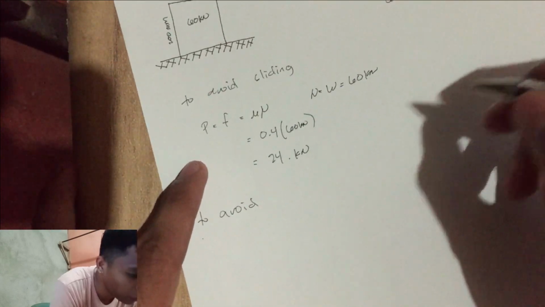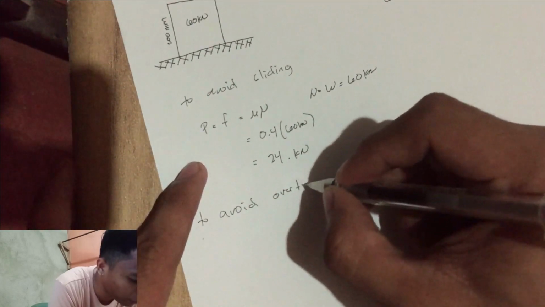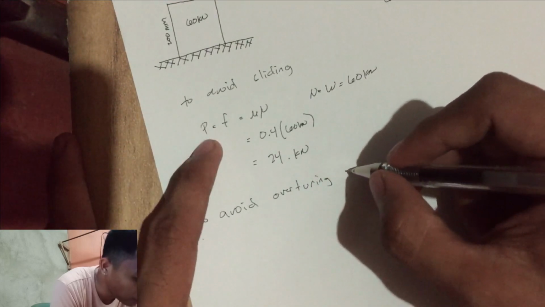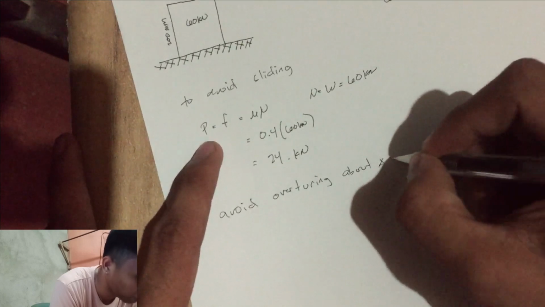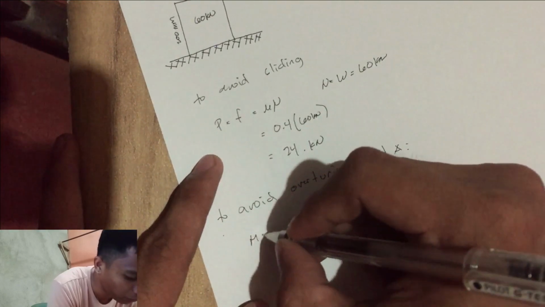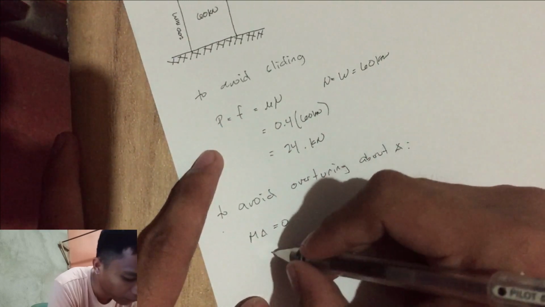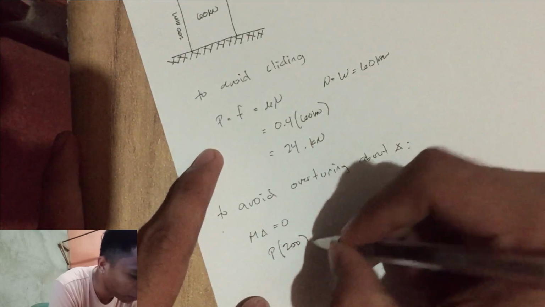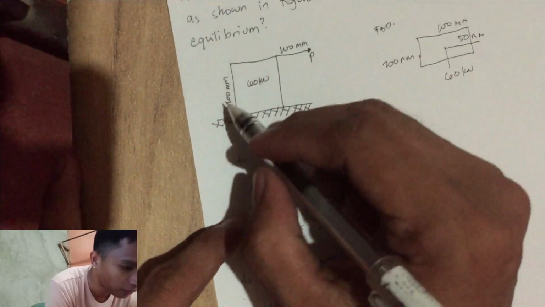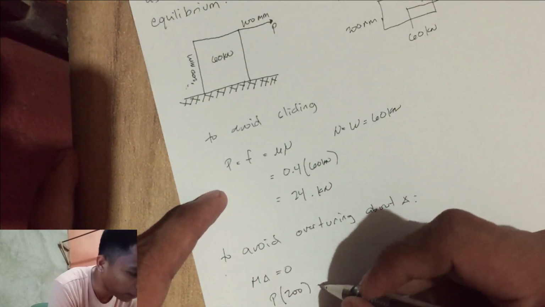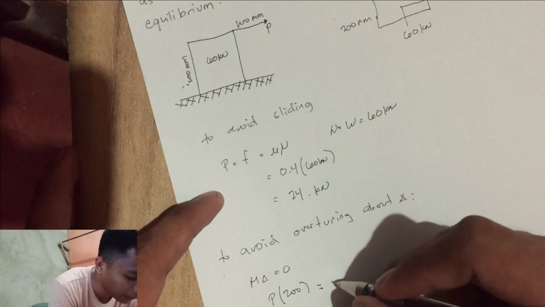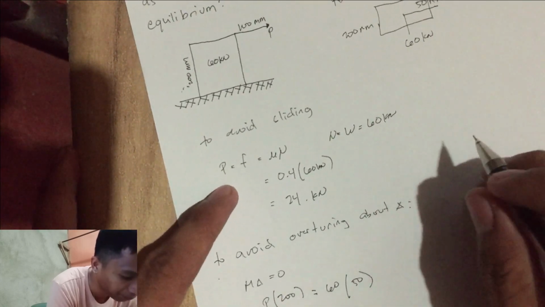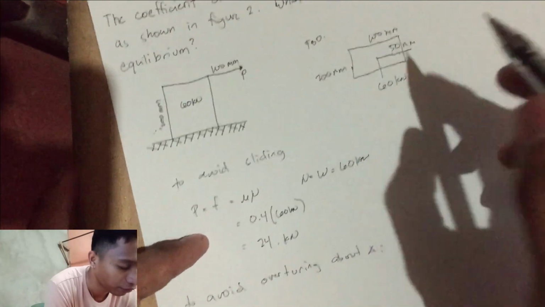And to avoid overturning about A, our equation will be the summation of MA equals 0, which is P times 200 equals 60, which is our weight or normal reaction, times 50.